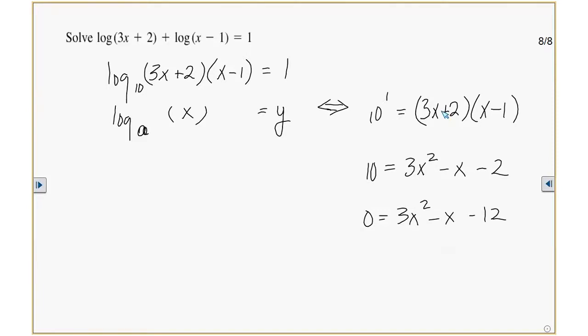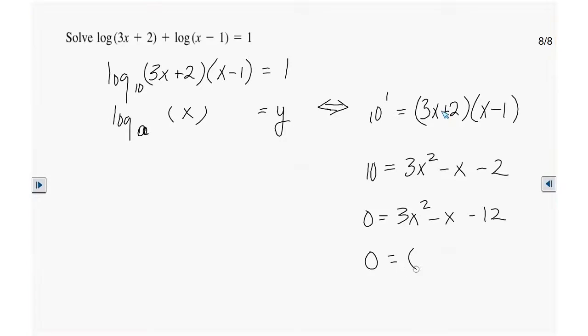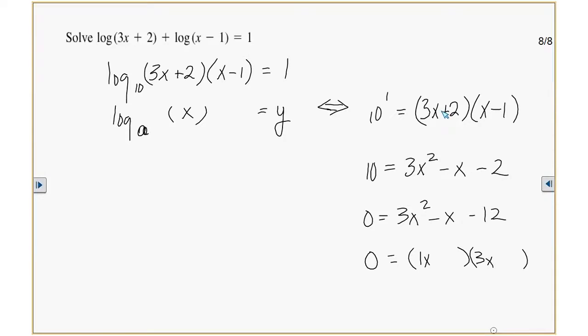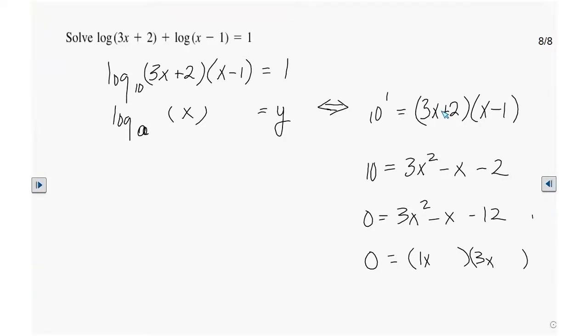Let's see if we can use the reverse FOIL. 1x, 3x. Well, 1, 12, 2, 6, 3, 4.